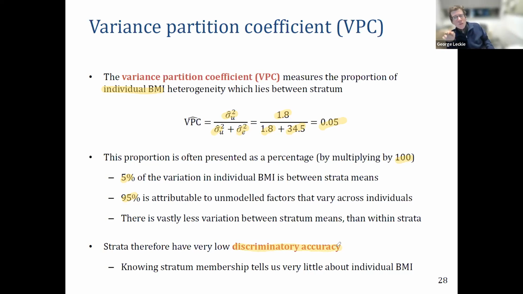And the answer is not very, because stratum membership is only explaining 5% of what's going on. This is just keeping our interpretation of stratum means in check, stopping us from over-analyzing differences when we come on to it. So we'll repeat this point later.